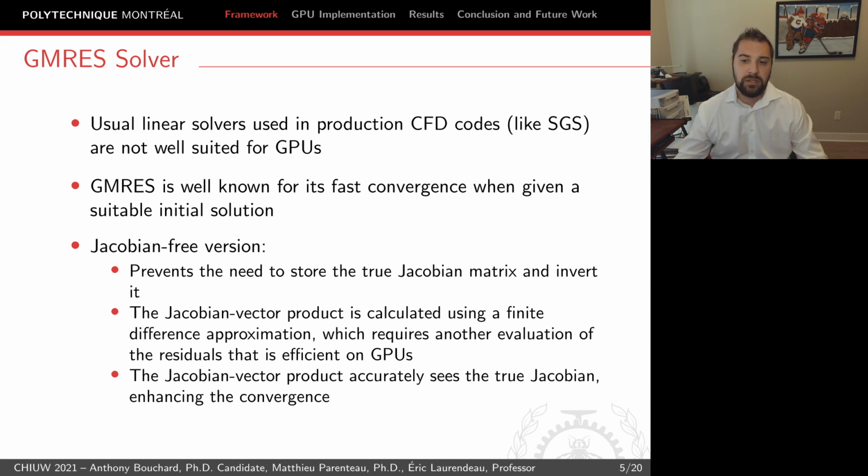This product accurately sees the true Jacobian, enhancing the convergence properties compared to a regular GMRES solver. However, because the JFNK solver is not fully ported on GPU yet, a regular version of GMRES is presented in this work.